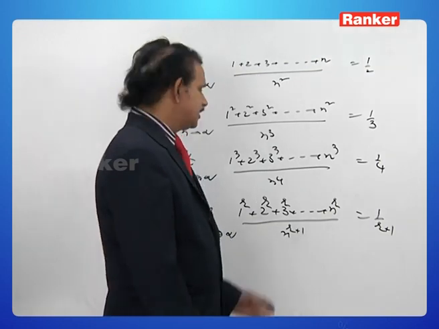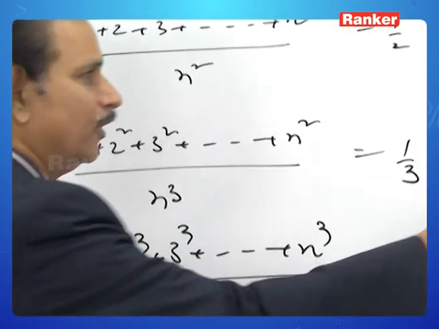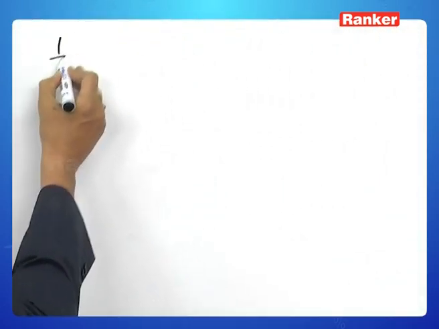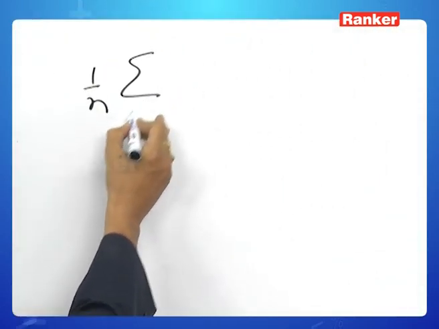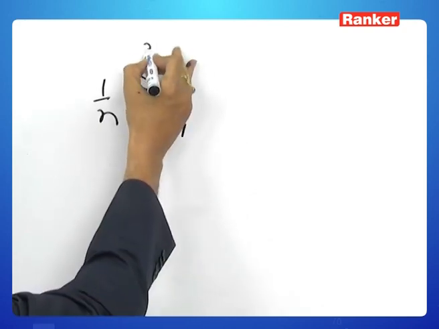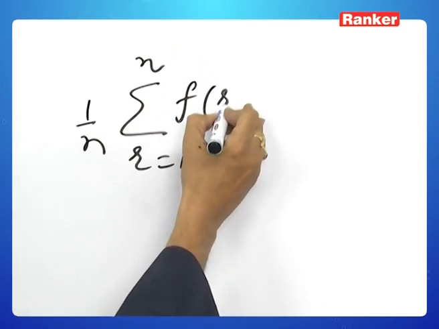If at all there is any limit like this, you observe that as 1 by n into sigma r is equal to 1 to n f of r by n.